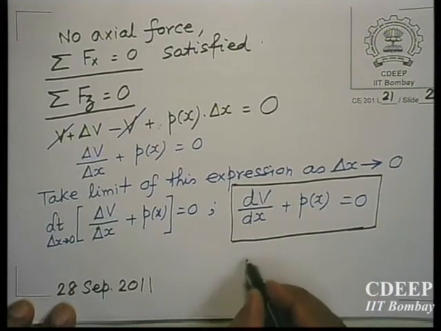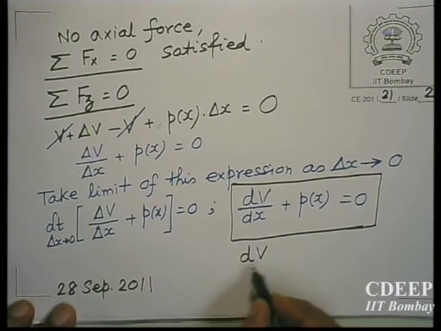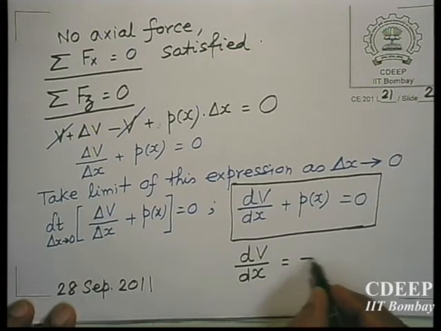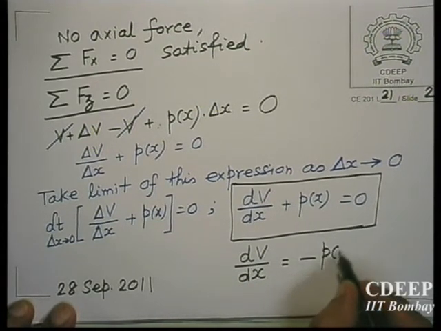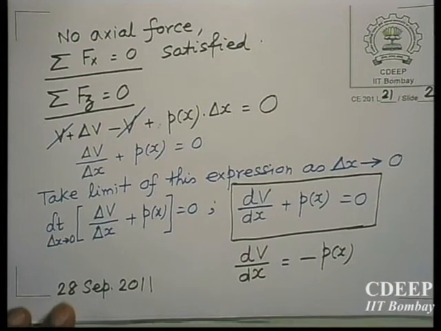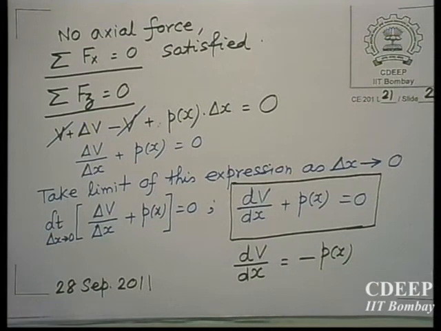We can also write this as dV by dx equal to minus Px. Rate of change of V is equal to minus the value of the distributed load that is acting on the beam.